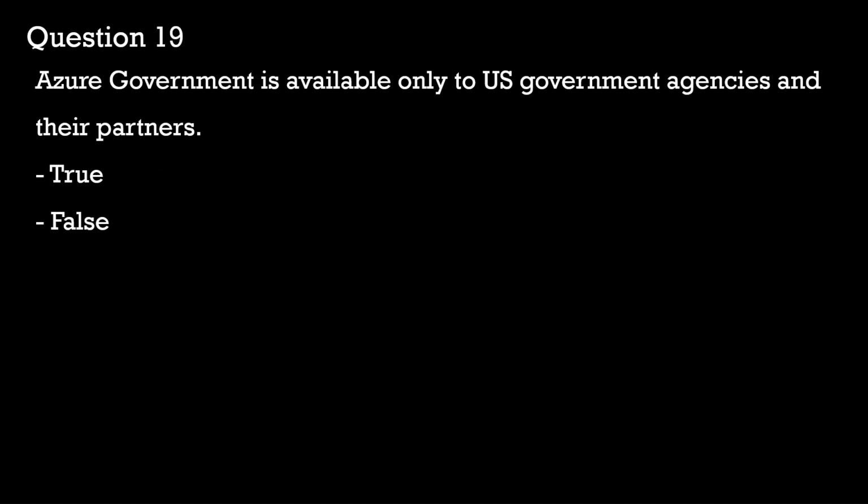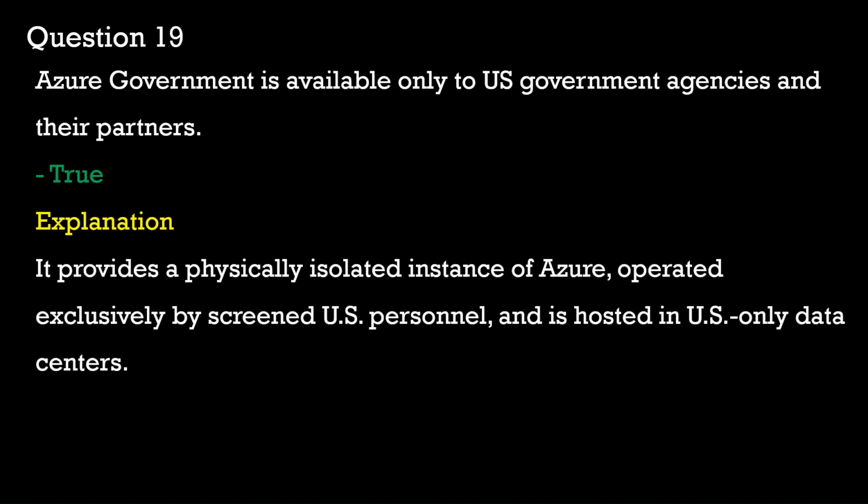Question 19. Azure Government is available only to US government agencies and their partners. True or false? The answer here is true because the solution providers that build or host applications and services for the US government agencies ensure that only eligible users have access to it.